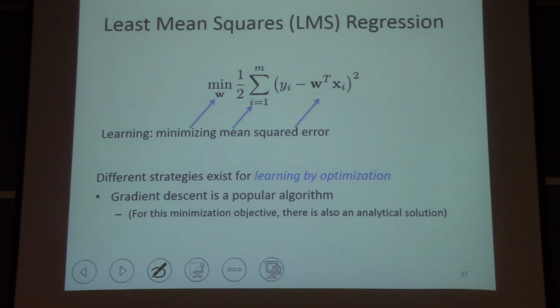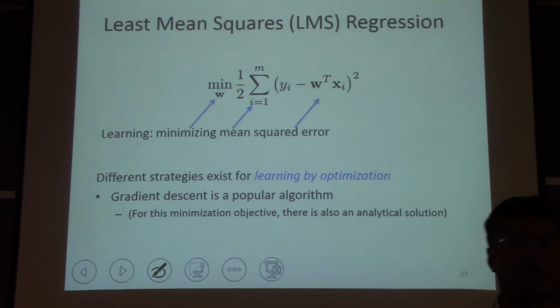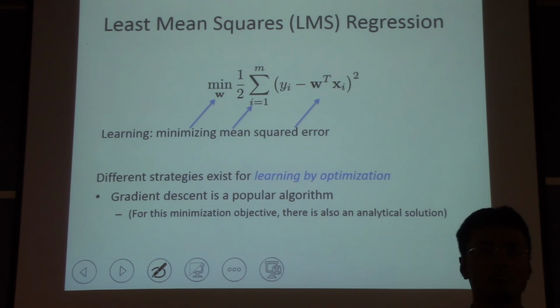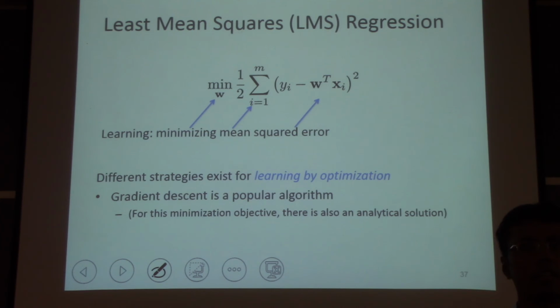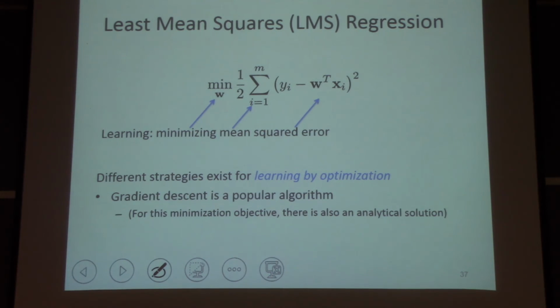In general, this is a common strategy for learning, where first you define something that is called loss or cost, something that you don't like. In this case, the difference. You add up the differences across the entire training set and you define learning as finding the minimum of that sum. Find the weight vector that minimizes loss.